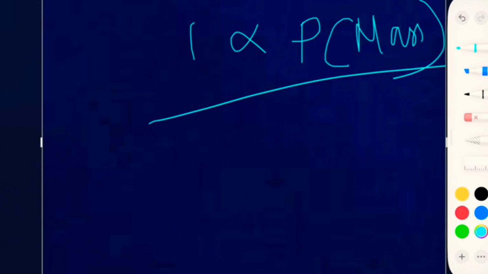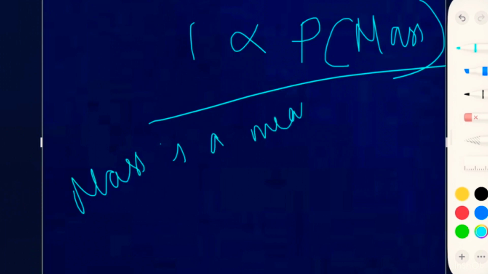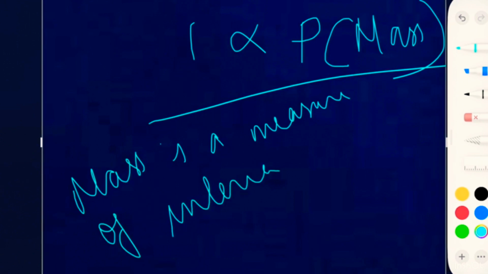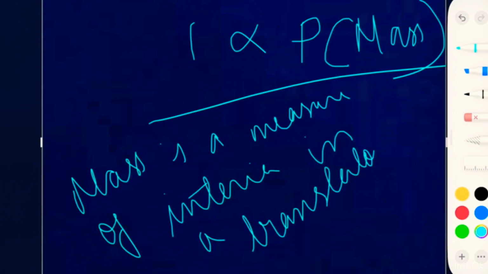So there are three types of inertia. But first, mark my words: mass is a measure of inertia in a translatory motion.